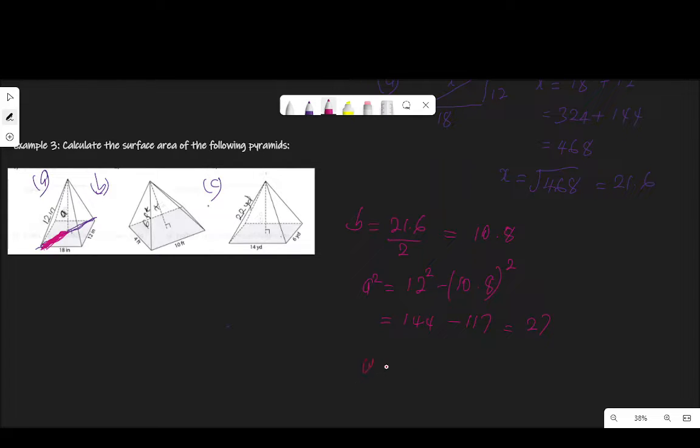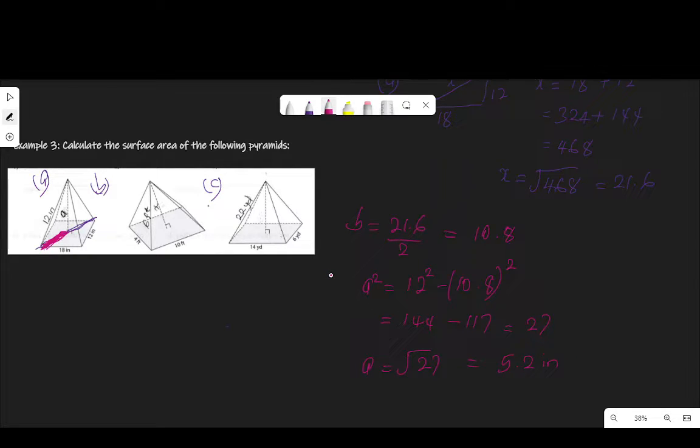So A is the square root of 27, which is approximately 5.2 inches.